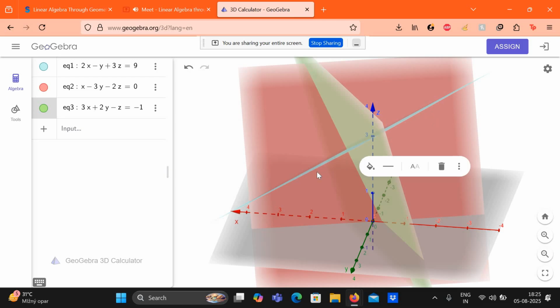This means that along these points of x and z, look at the axis, x comma z, the red equation and the blue equation agree.